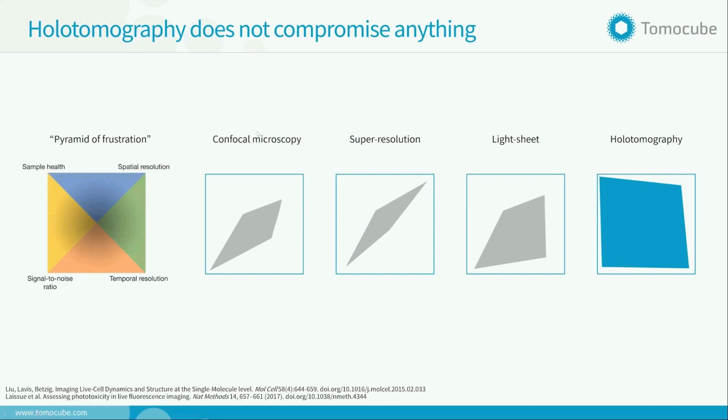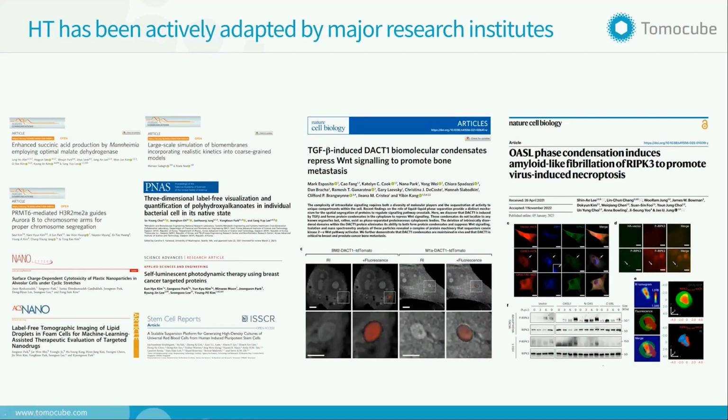Due to these various features, some leading groups have rapidly adopted holotomography systems in their discovery of new biological findings, and more than 60 leading institutes, biotech and pharma companies, and universities have already adopted TomoCube's holotomography system, and they have published very interesting papers.